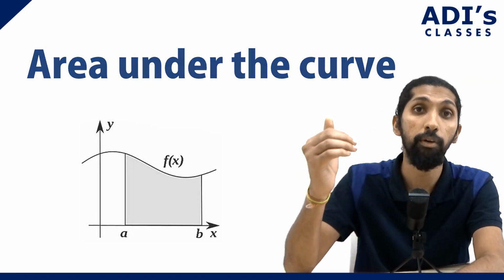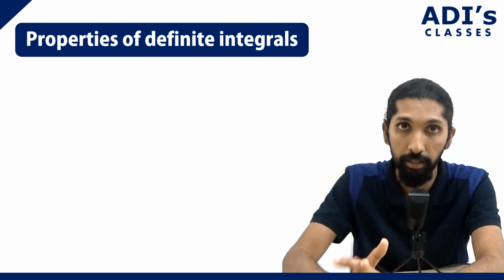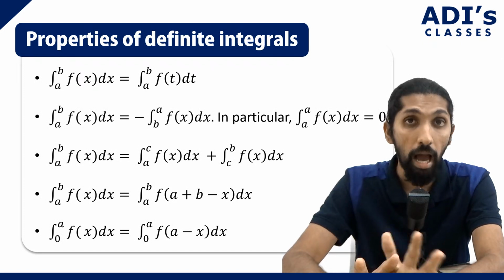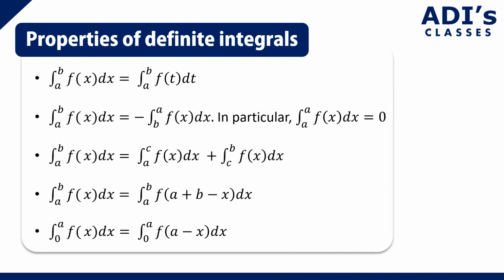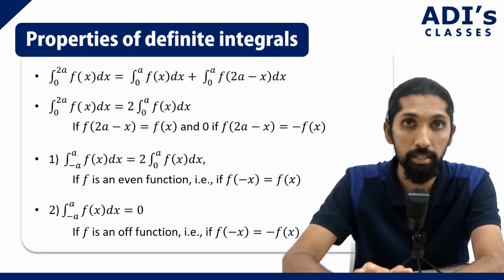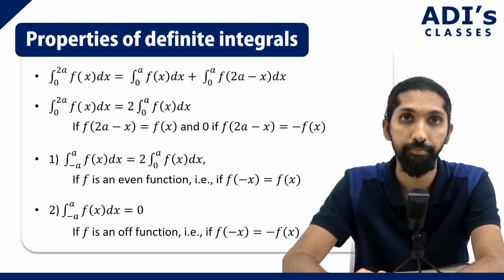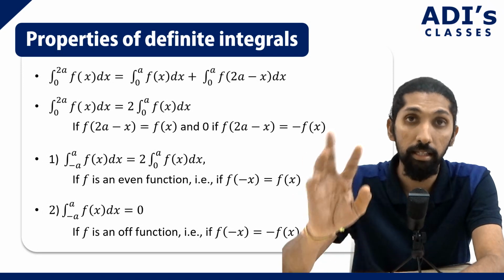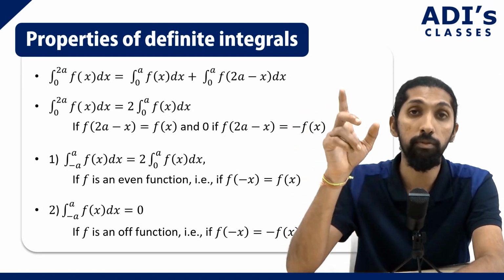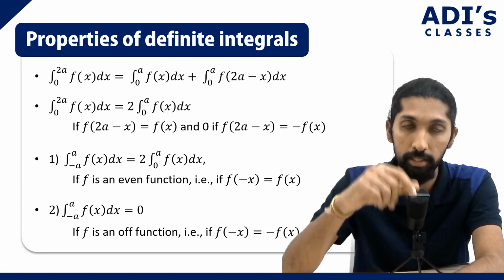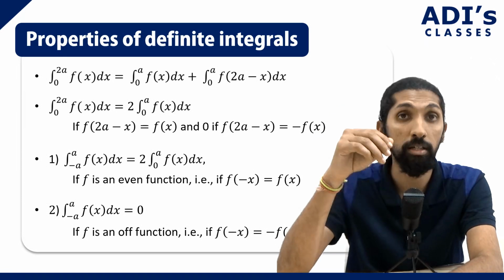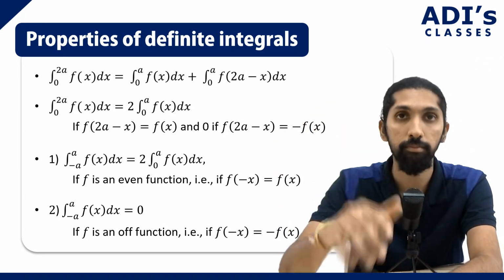After that, what did we do? We discussed different properties of the definite integral, which are probably the most important ones. Okay, as you can see, these are one set of definite integral properties. Now we are seeing another set of definite integral properties, correct? So make sure you remember a couple of them which are very important, like the changing of variable, or if you have 0 to a, then f of a minus x, or if you have minus a to a, then what if the function is odd or even, what's going to be the value?